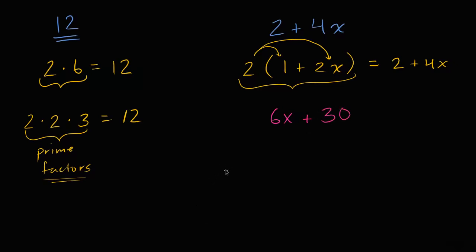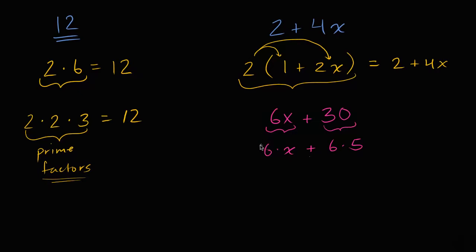So one way to think about it is, can we break up each of these terms so that they have a common factor? Well, this one over here, 6x literally represents 6 times x. And then 30, if I want to break out a 6, 30 is divisible by 6, so I can write this as 6 times 5. 30 is the same thing as 6 times 5. And when you write it this way, you see, hey, I can factor out a 6.